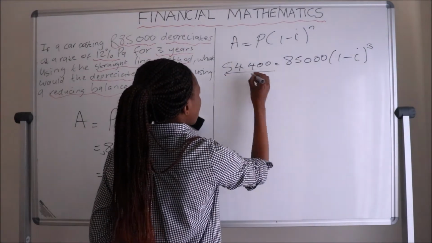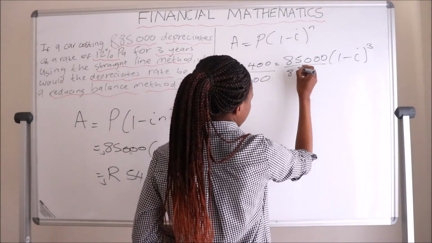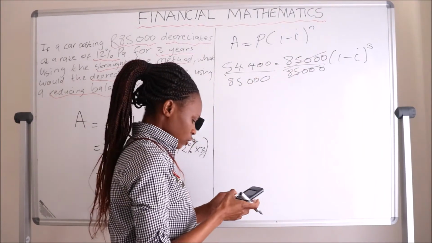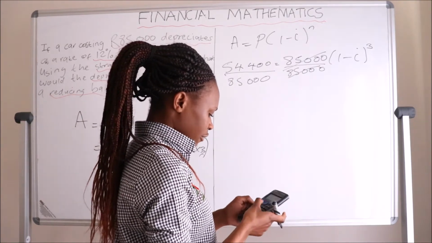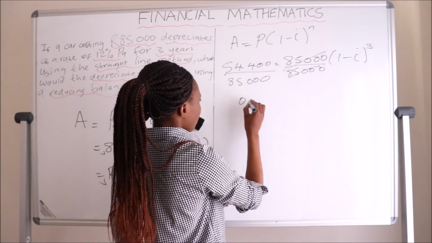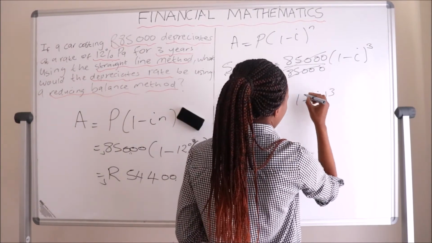Then we divide both sides by 85,000. So this will cancel out. So 54,400 divided by 85,000 will actually be 0.64. So 0.64 equals 1 minus i to the exponent of 3.